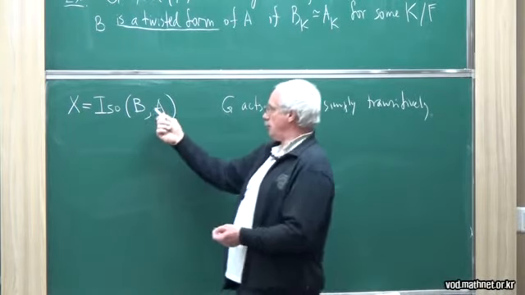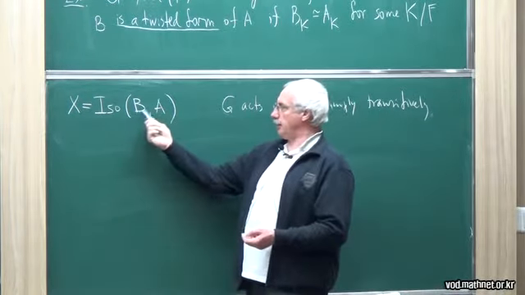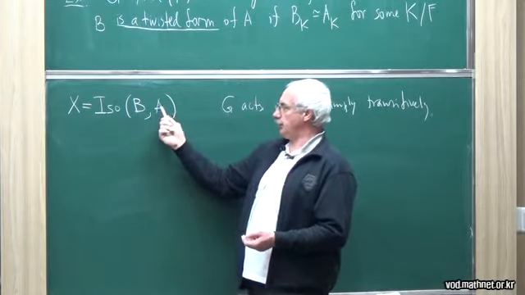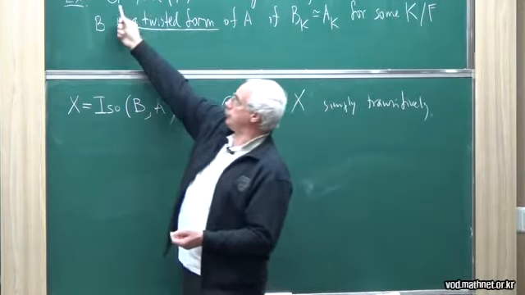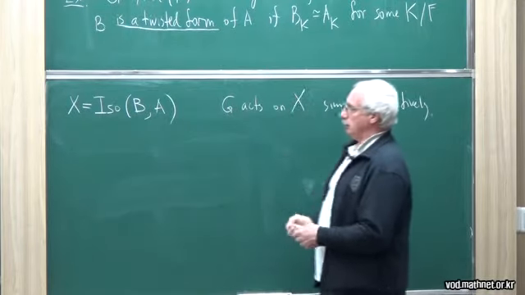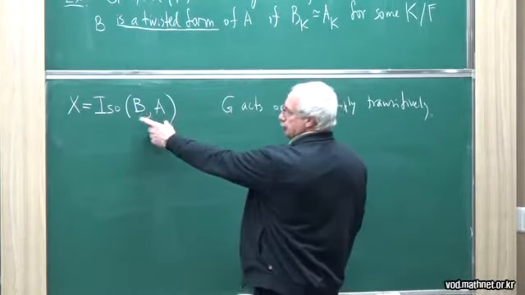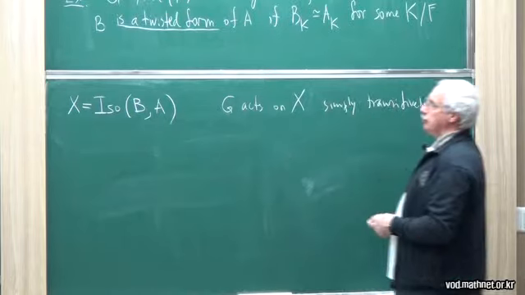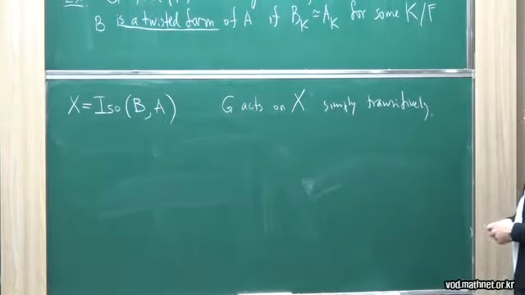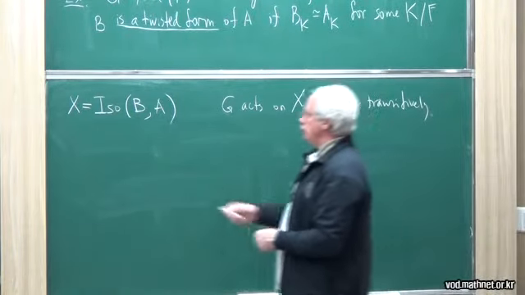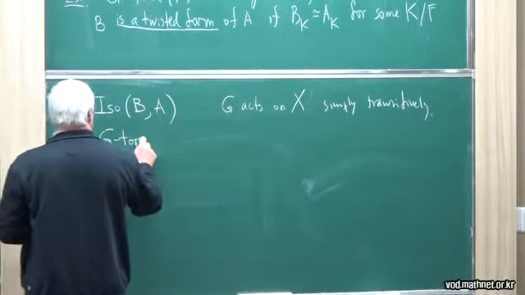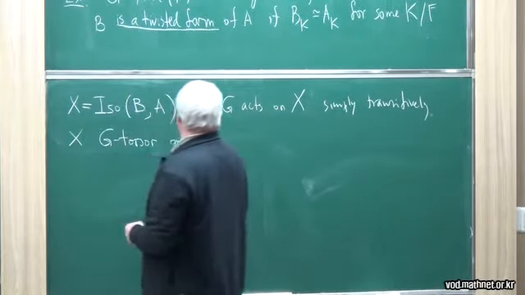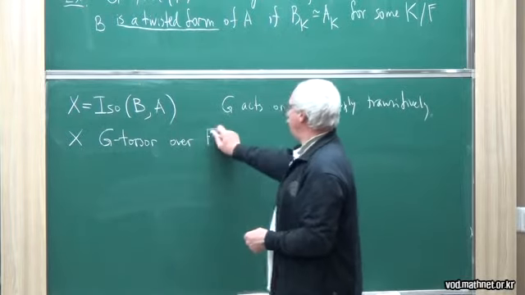Because for every isomorphism between B and A, you can compose it with the automorphism of A, with an element of G. And conversely, every two isomorphisms differ by a unique automorphism of A. So X is a G torsor over F.